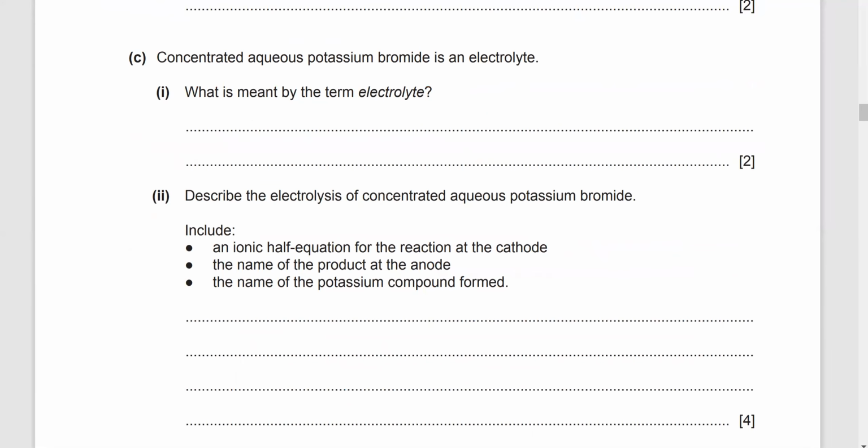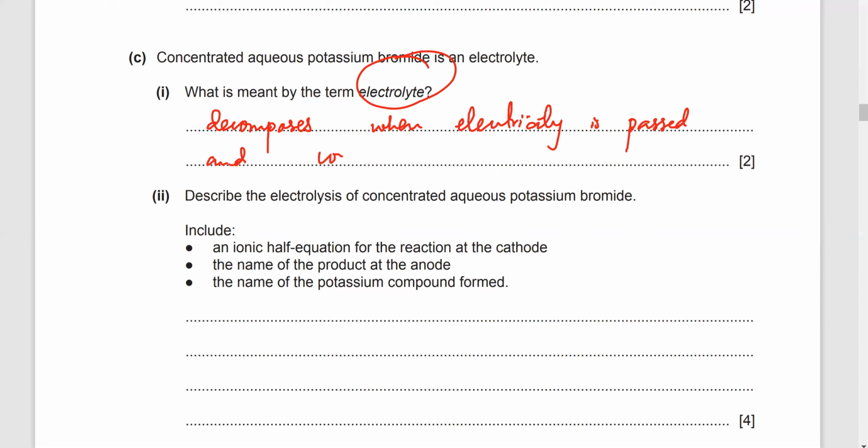What's an electrolyte? An electrolyte decomposes or breaks down when electricity is passed, and contains free moving ions.